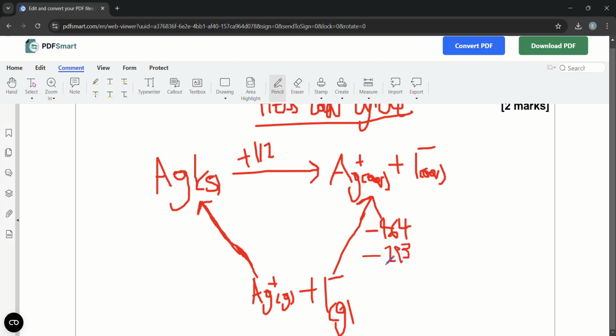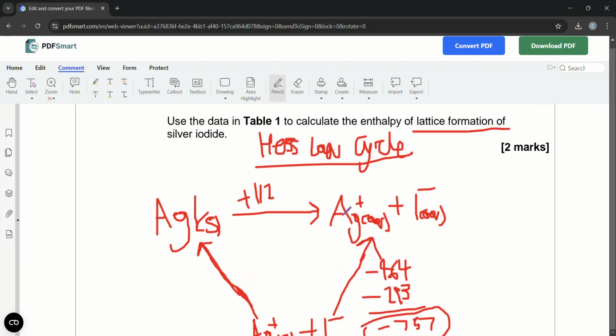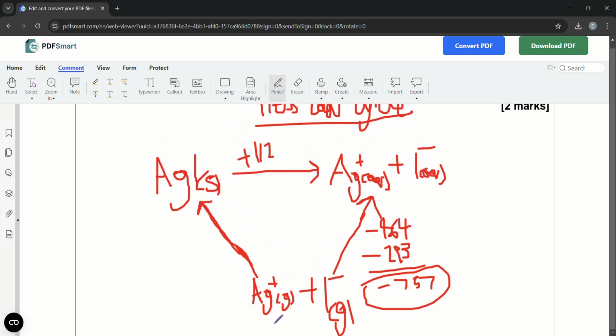So if we add that up, minus 464 minus 293, we get minus 757. Basically now we're trying to find the lattice enthalpy of formation of silver iodide. So from here to here, we're trying to find this. Now how do we go from here to here? Well, we can go this way and then this way.